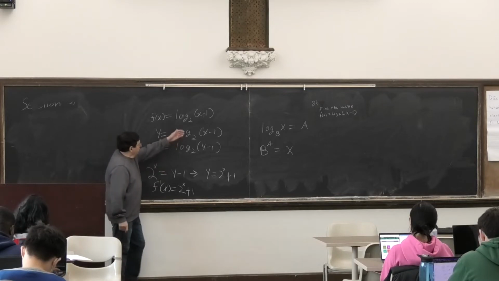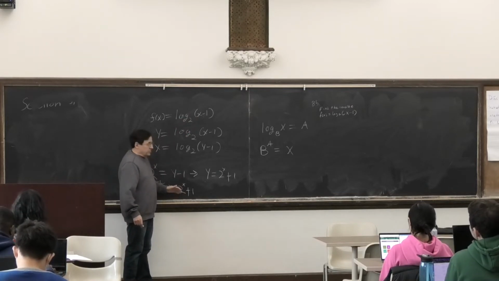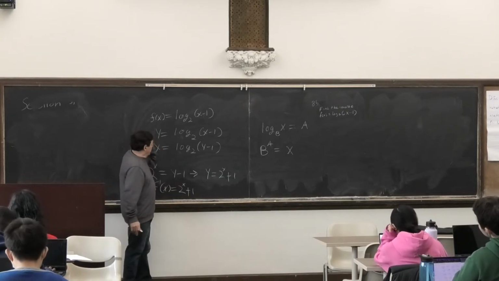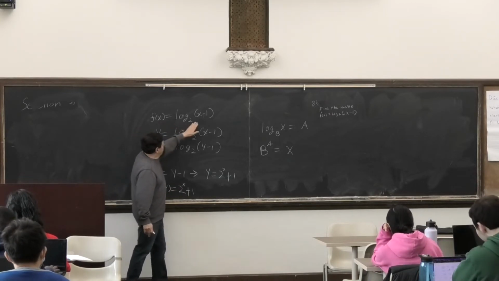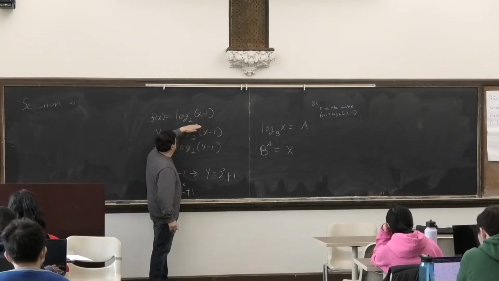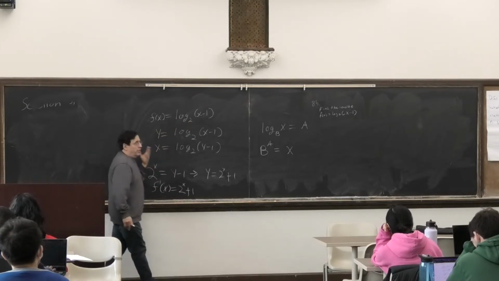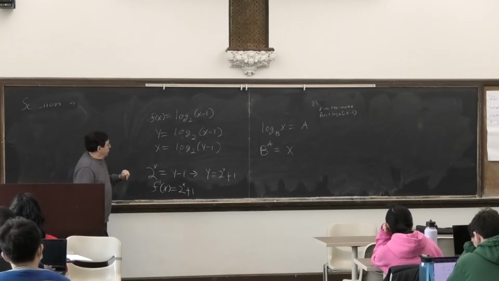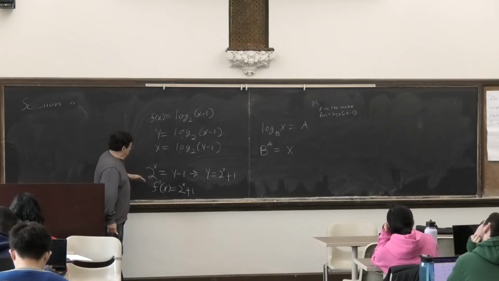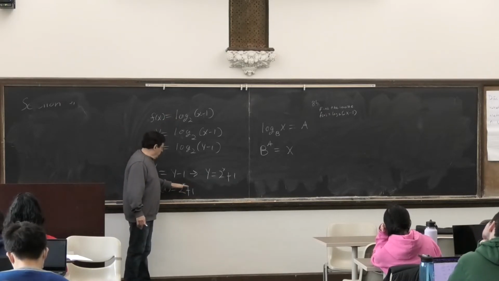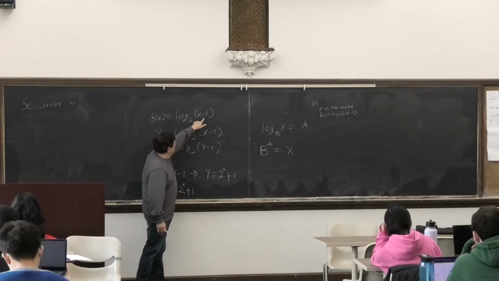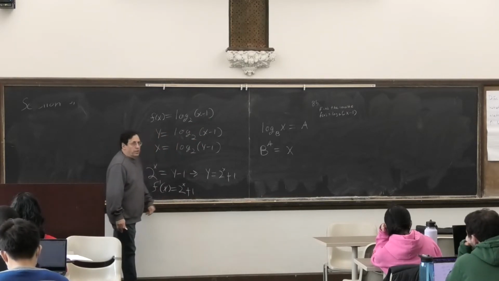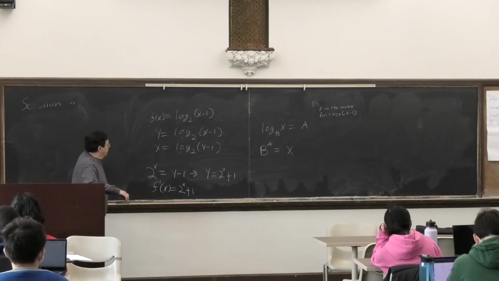If you think of this function and this function as undoing each other, you can think it through. I have some value, I subtract 1, and I find its log. I take that number, raise 2 to that value and add the 1 back. That's how I undo subtracting the 1. That's what an inverse does.